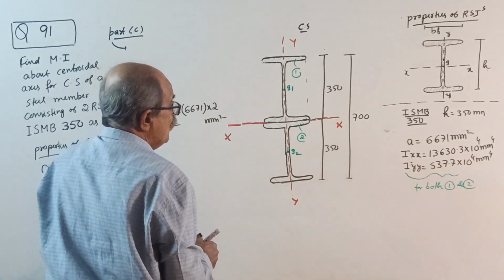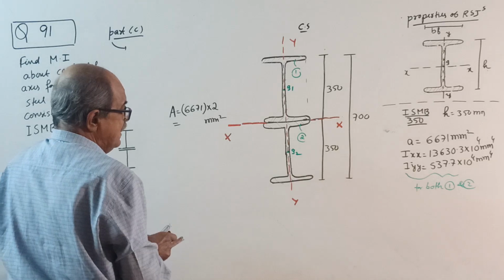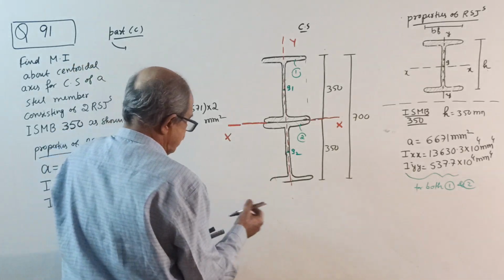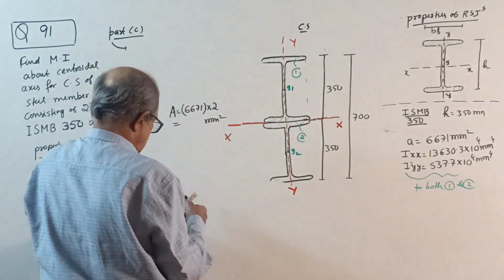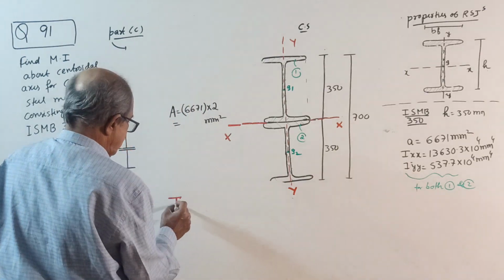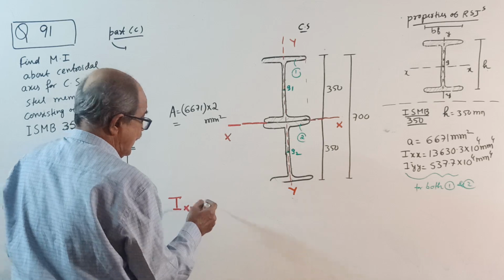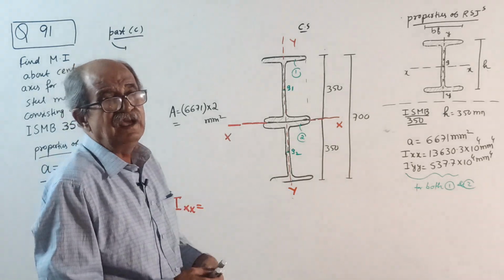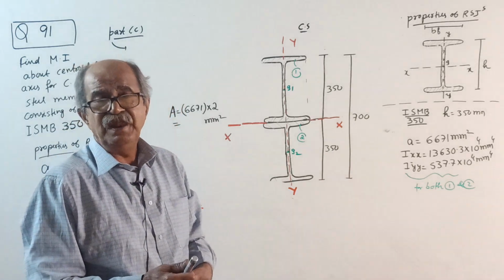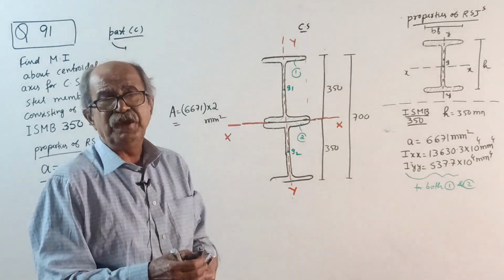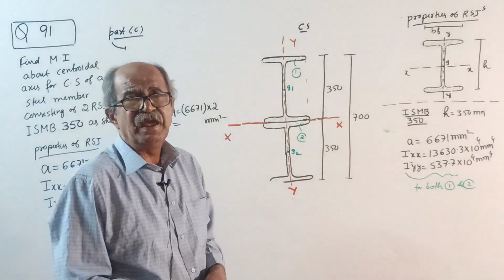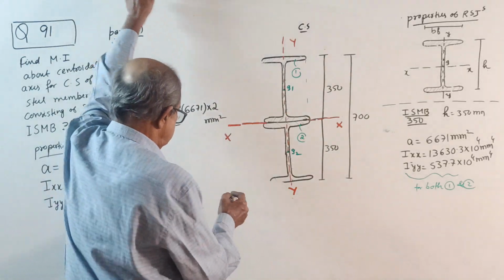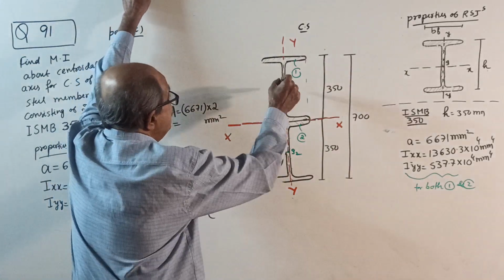Area is over. Now first find I about the XX axis. Before that, the usual statement you have to write: parallel axis theorem, I about any axis equals Ig plus A h square. If you cannot write that, I told you, don't study from my class. Start.